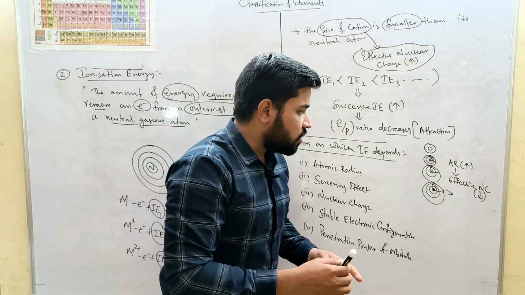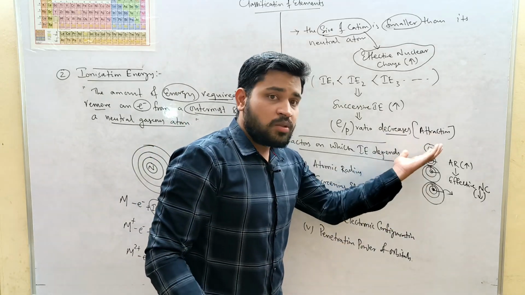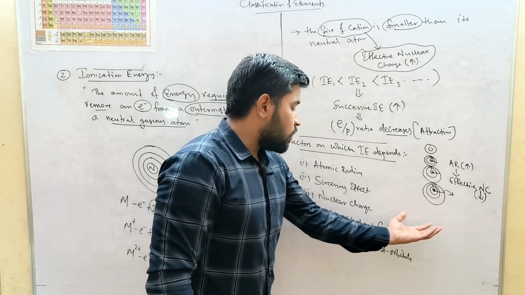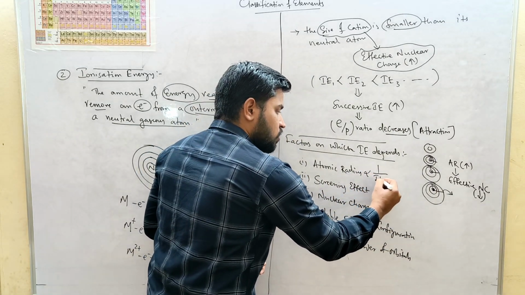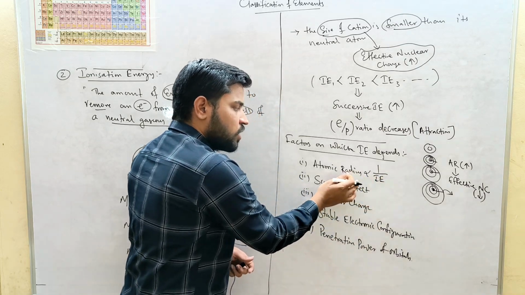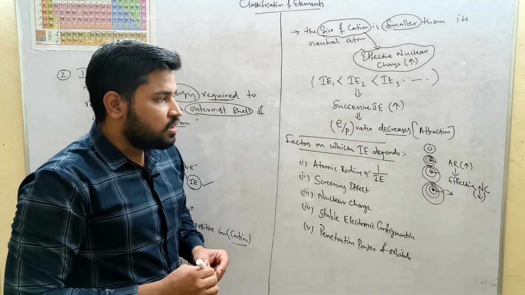Because of this, as atomic radius increases, there will be a decrease in ionization energy. So ionization energy is inversely proportional to atomic radius.